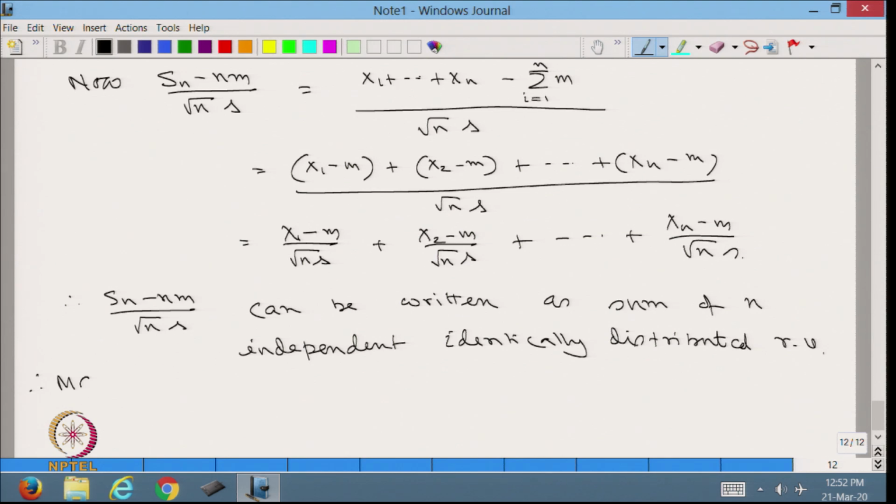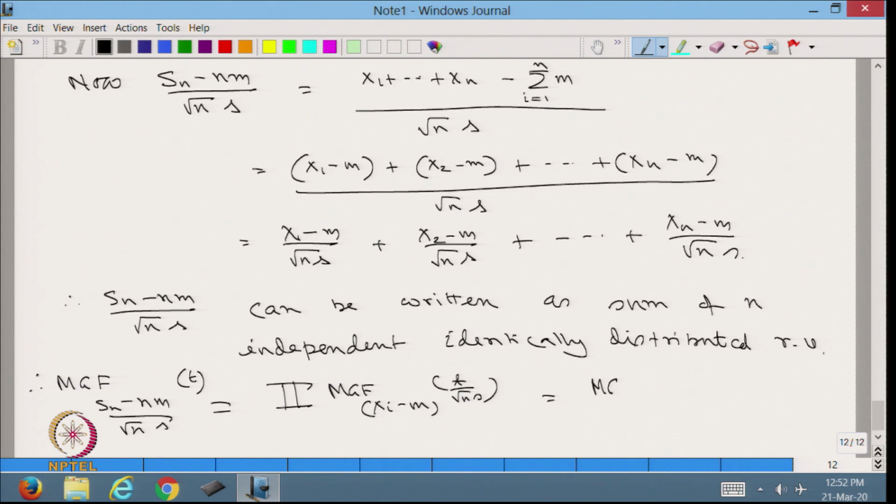Therefore, the moment generating function of Sn minus nm upon root n s is equal to the product of the MGF of Xi minus m at t upon root n s. So, let me put that t here for your understanding, it is equal to the MGF of X minus m at t over root n s whole to the power n.